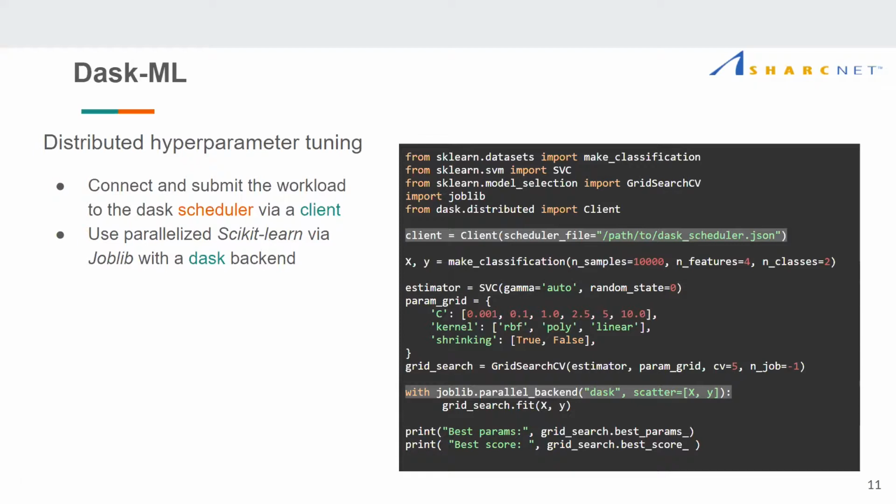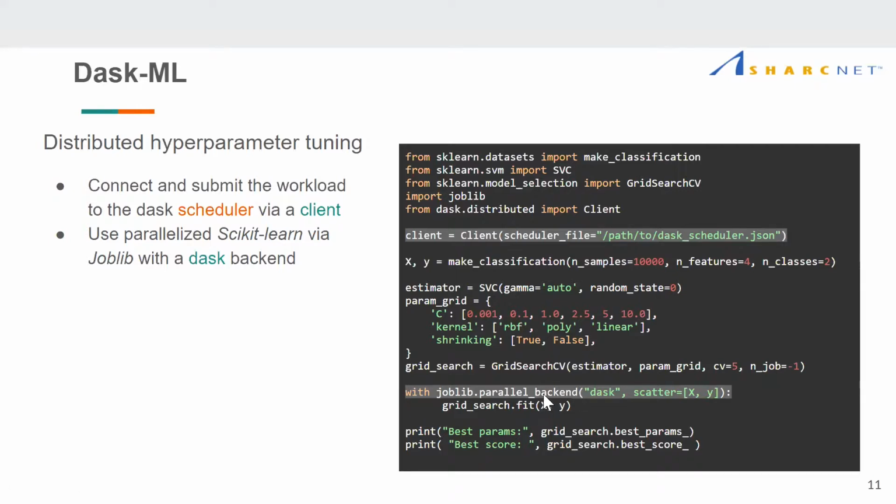To connect and submit a workload to the Dask scheduler, you first need to create a Dask client instance by providing the scheduler file. Then you need to explicitly use Dask as the parallel backend for joblib.